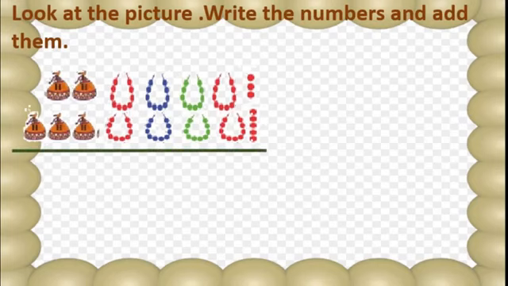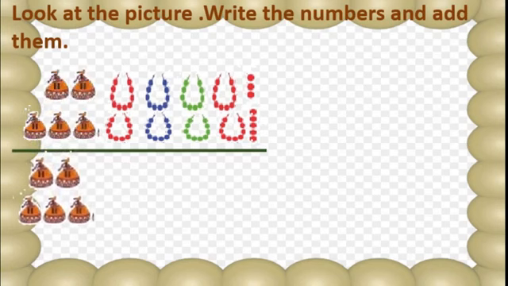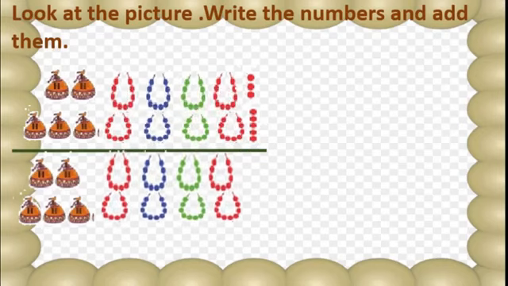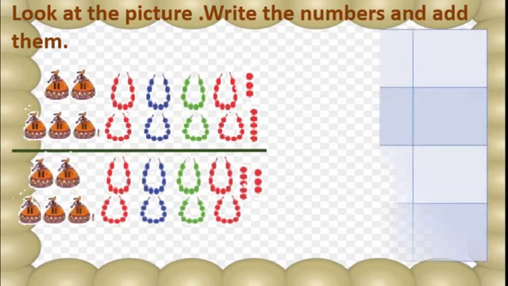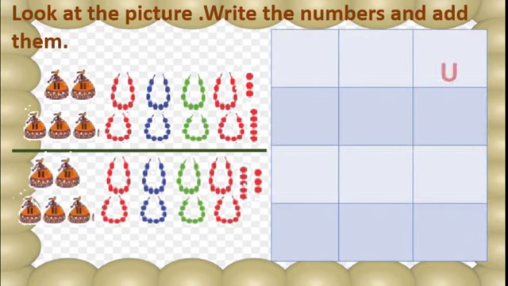First we will observe the picture. 2 plus 3 purses means that became 5 purses. And here 4 tens plus 4 tens, that became 8. And here together it became again 8 single beads. Now same thing we will write in the table. You know now how to write in the table, correct?